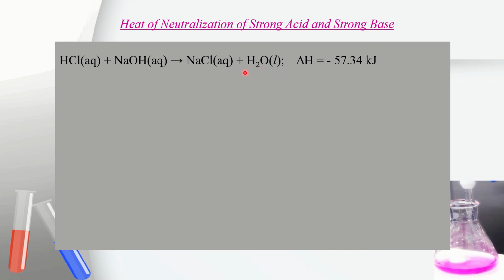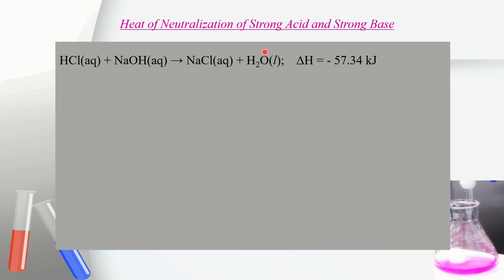And in every neutralization reaction of strong acid and strong base, the acids are ionized 100% and the bases are ionized 100%, and only one bond, that is water, is formed. To make this bond, or to form this water, 57.34 kilojoule heat energy is produced.